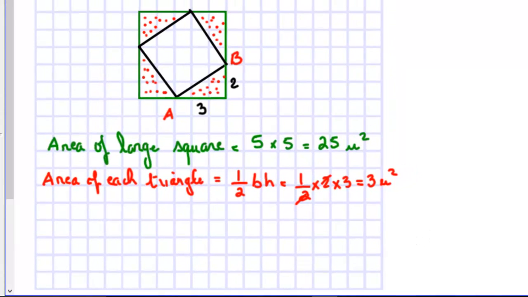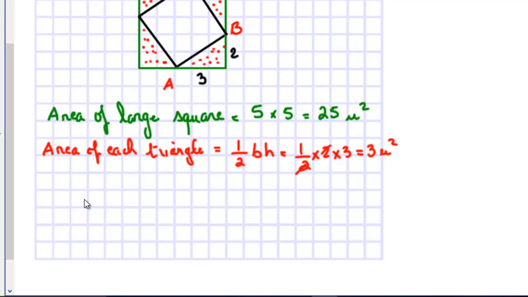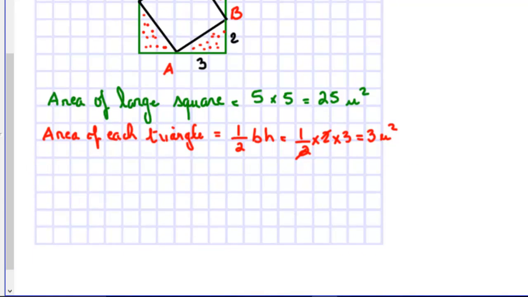Let's see the area of the 4 triangles. I'm gonna type here in red again, area of 4 triangles. If the triangles are congruent, that means 4 times the area of 1, which is 3, that means 12 unit square.